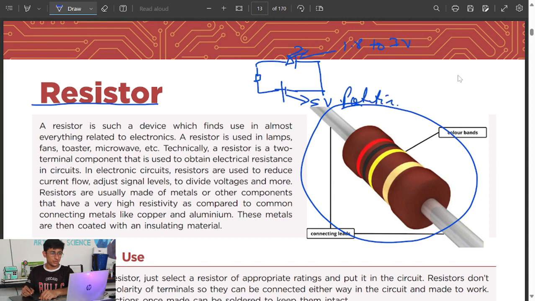So we use a resistance here to block some of the current. When we place a resistance in series with the battery and LED, the flow of current reduces and this light will glow perfectly. So this is all about the resistor.